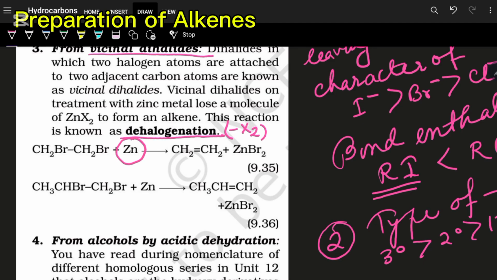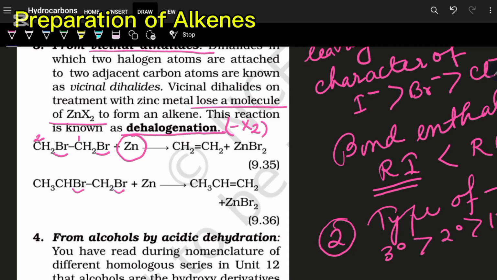Zinc is a bivalent metal. It actually loses a molecule of ZnX2 to form an alkene. So remember that the two adjacent carbons which have the halogen will lose both the halogens and form ZnX2 as the side product. See, these two halogens are lost.